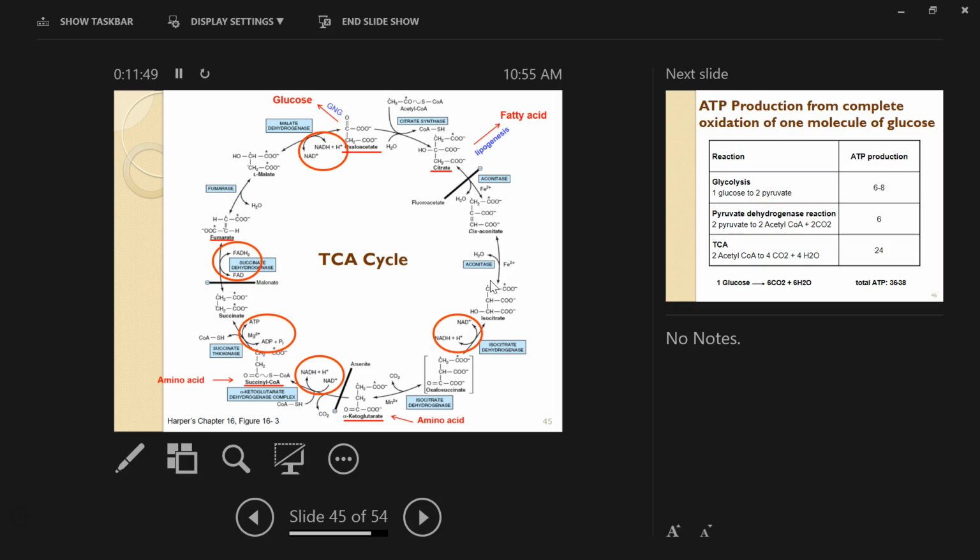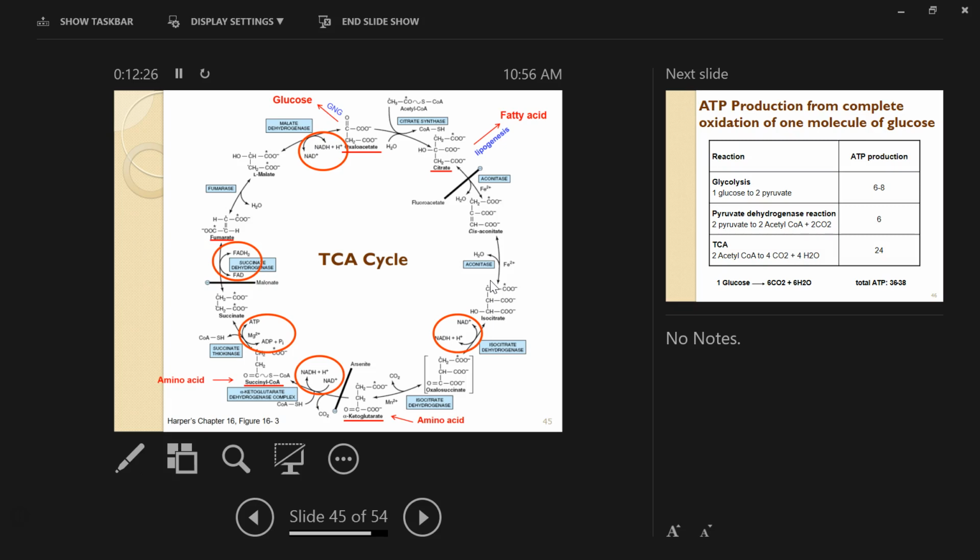And how many NADH? 1, 2, 3, right? 3 NADH are produced from the TCA cycle, and 1 FADH2 is produced, right? So again, one TCA cycle can produce 1 ATP, 1 FADH2, and 3 NADH molecules, right?